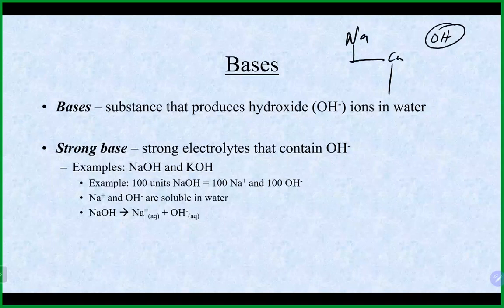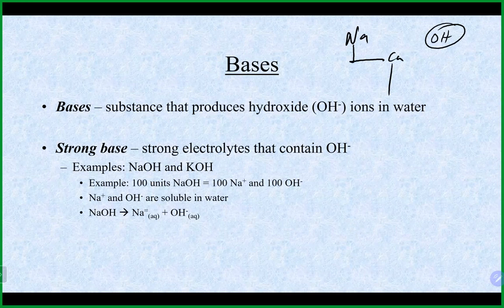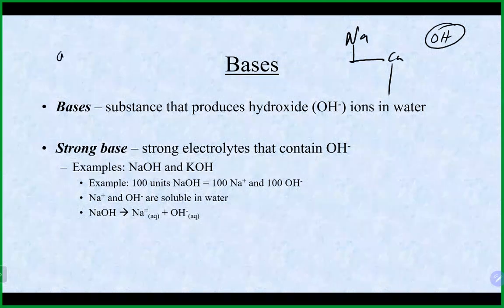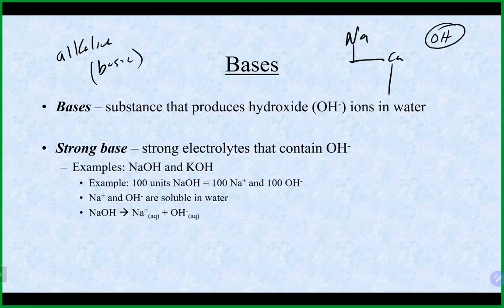That's because group 1 on the periodic table is the alkali metals, and group 2 is the alkaline earth metals. As you might imagine, the word alkaline means basic. So that is where a lot of our strong bases come from, groups 1 and 2, which have hydroxide, like sodium hydroxide, potassium hydroxide, and so forth.